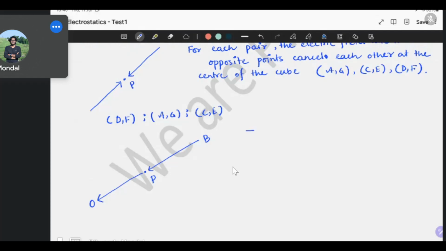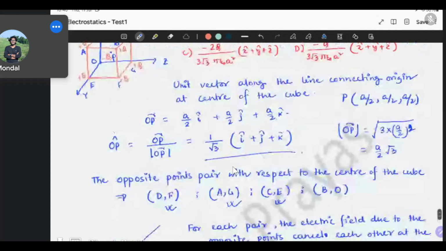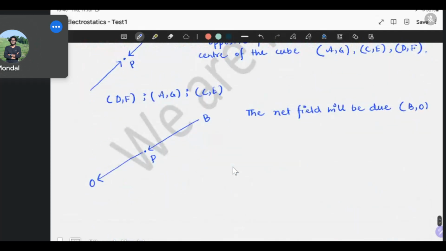So the net field due to the BO pair will add and be directed towards the negative OP unit vector.